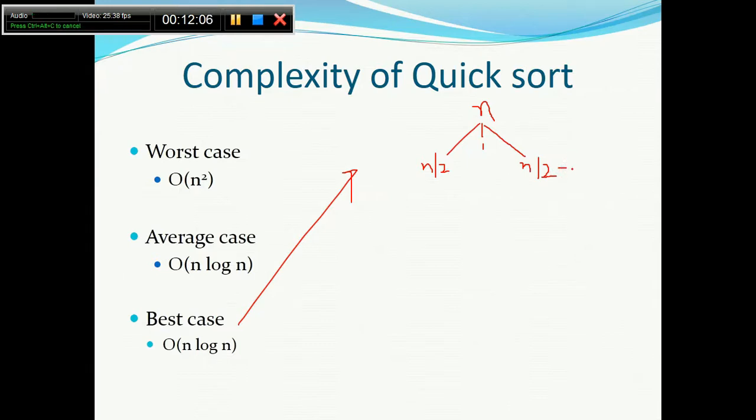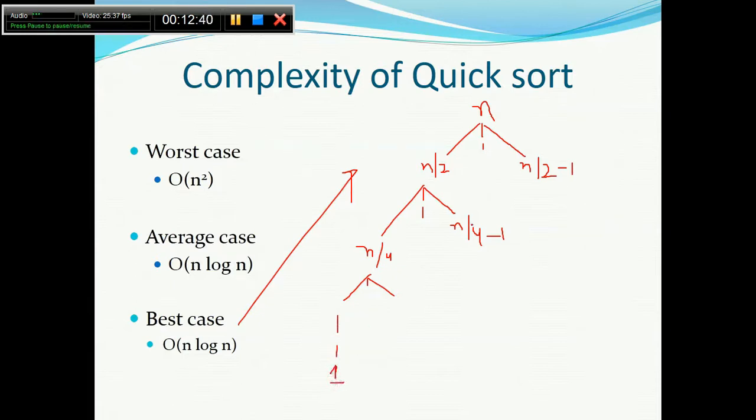Again, this will divide as n by 4, the pivot element at the correct place, and n by 4 minus 1. So eventually it will keep on dividing half, half, half. It is almost equal half, just because of one element as a pivot. You cannot say exactly, but it is almost equal half. It will reduce up to 1.